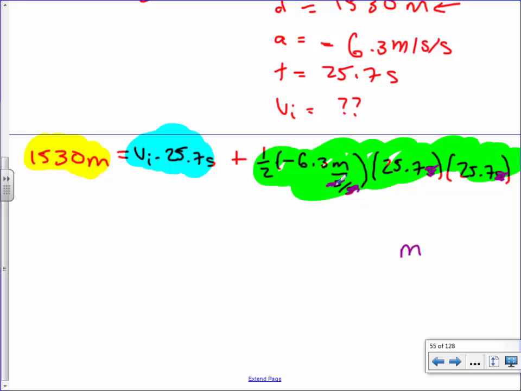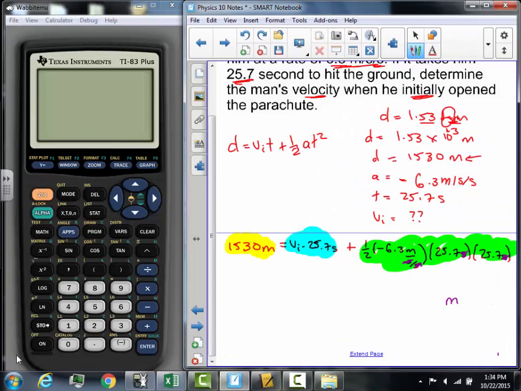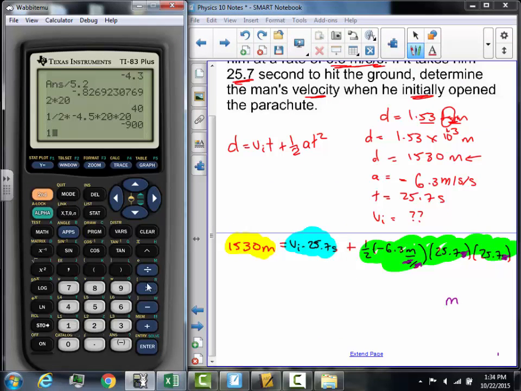Okay, what did we just do? I took one of each of these seconds that was down here, and I canceled them with each of the seconds up there. The only unit left now is meters. Now I have to multiply all these numbers together. So we need 1/2 times negative 6.3 times 25.7 and another 25.7.